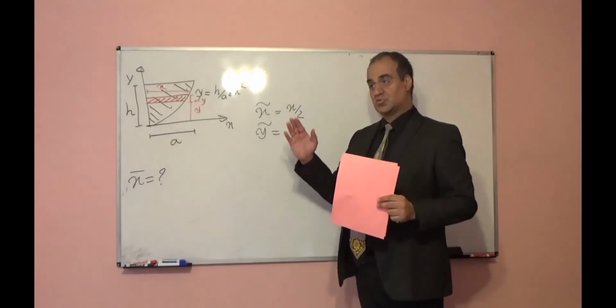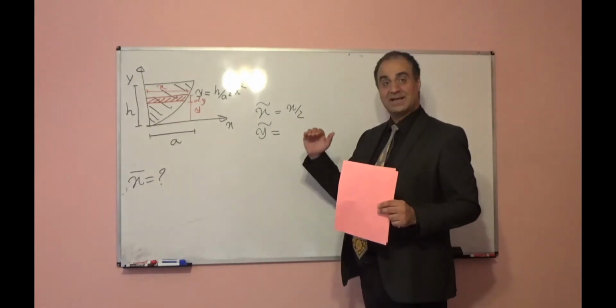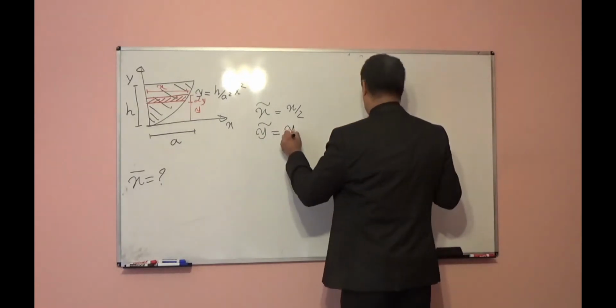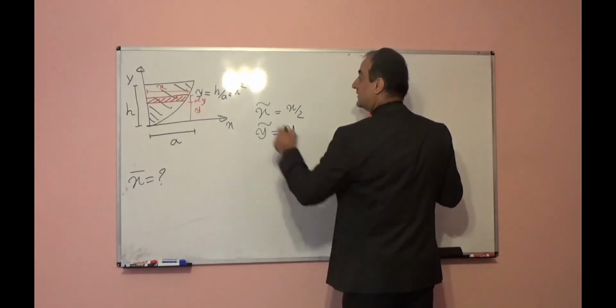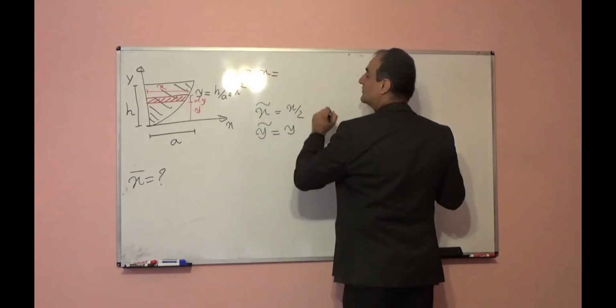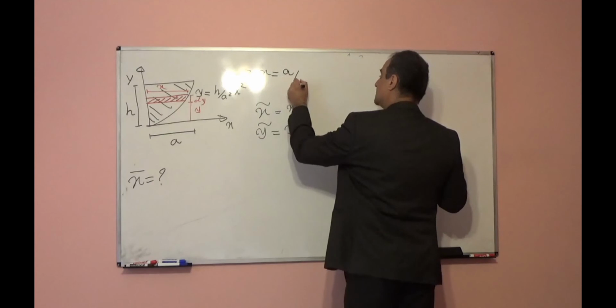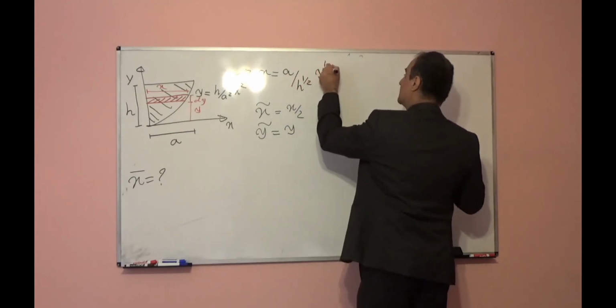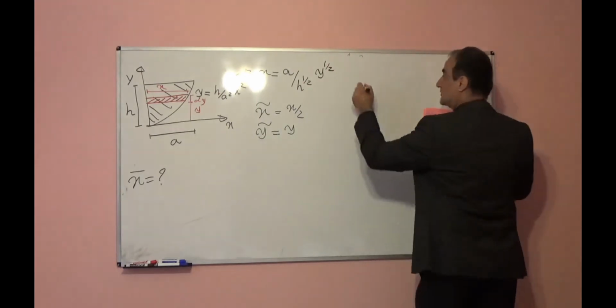Because dy over 2 is very small, we can neglect that, so y tilde will be equal to y. Now, from this equation, I can write x is equal to a over h to the power of 1 over 2 times y to the power of 1 over 2.